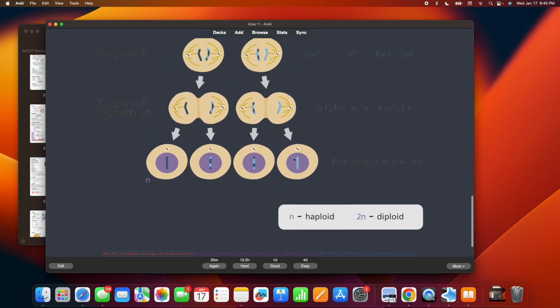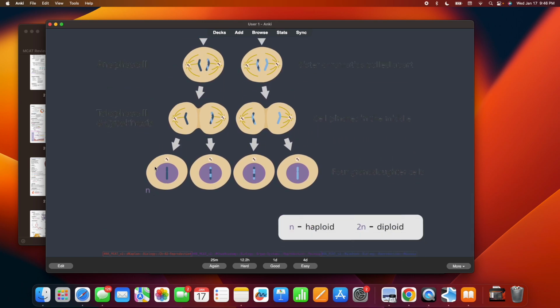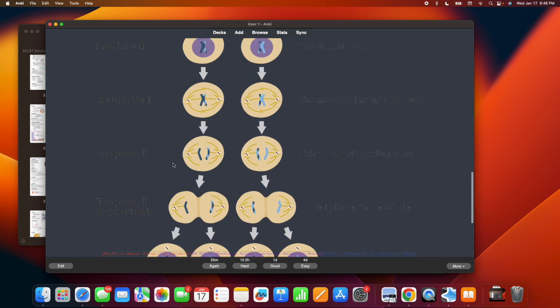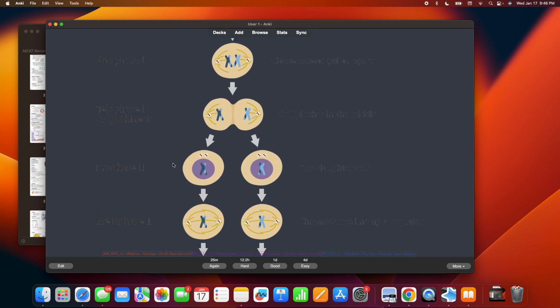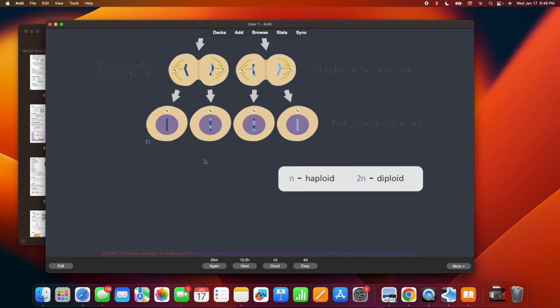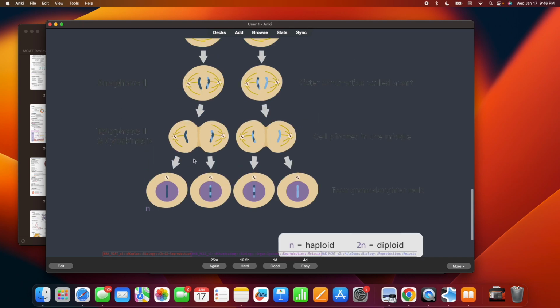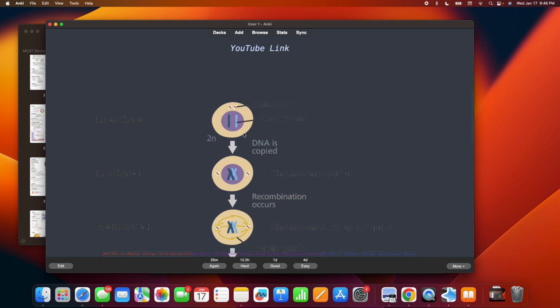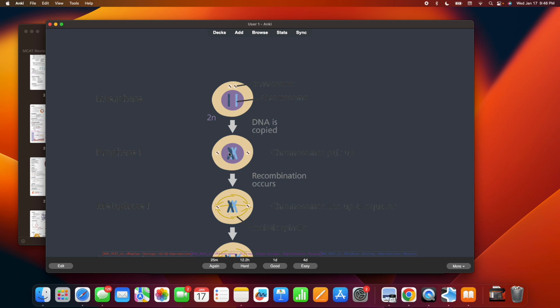At the end of meiosis you get haploids, but for mitosis you get diploids. In the diagram you have a dark blue and a light blue. You copy that, so you have a diploid dark blue and diploid light blue.